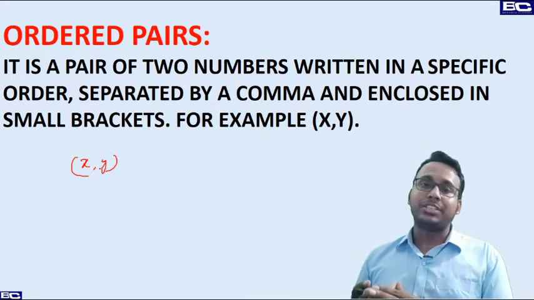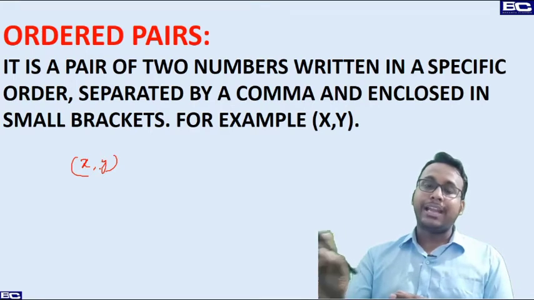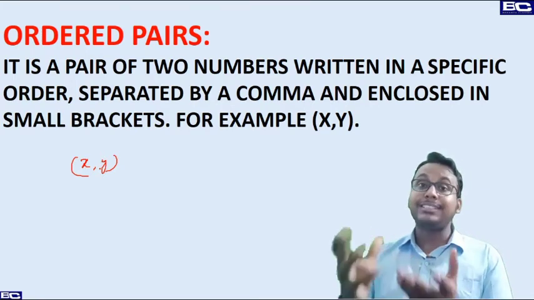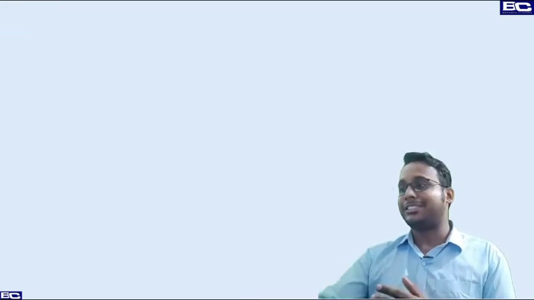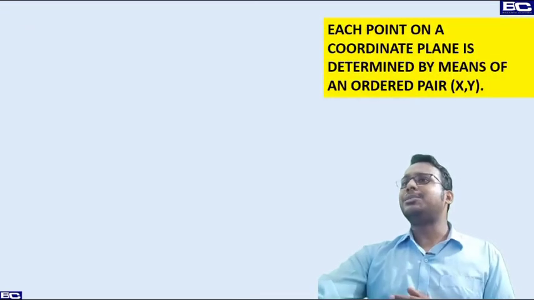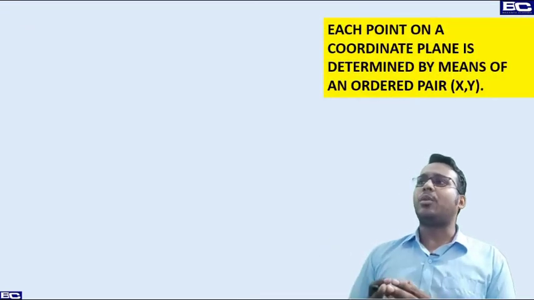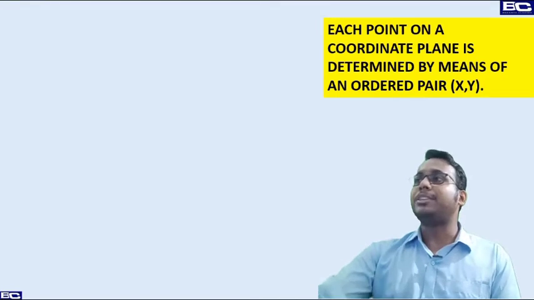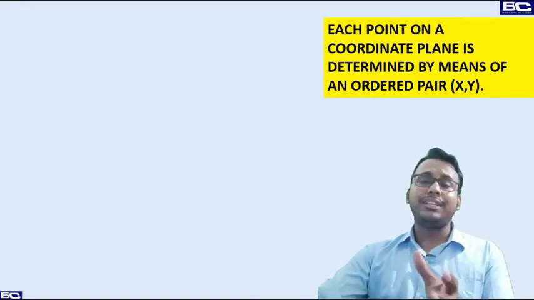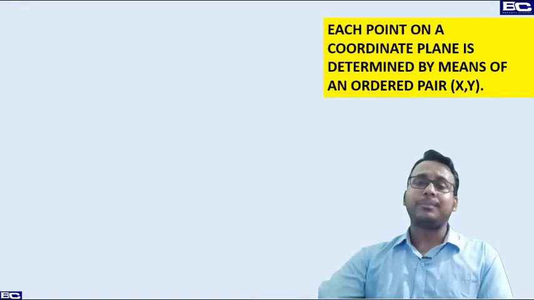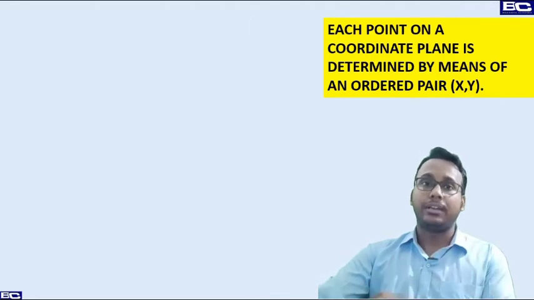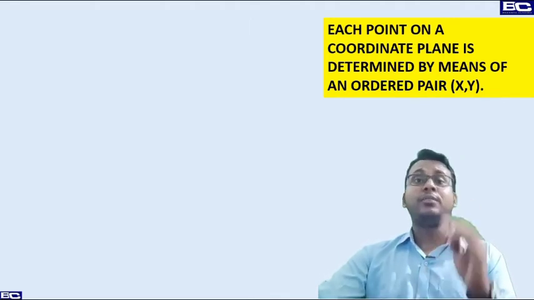We can represent a point and name it as (x, y). What is x and what is y? Each point in a coordinate plane is determined by means of an ordered pair (x, y). X is the x coordinate and y is the y coordinate. What is the x coordinate and y coordinate?